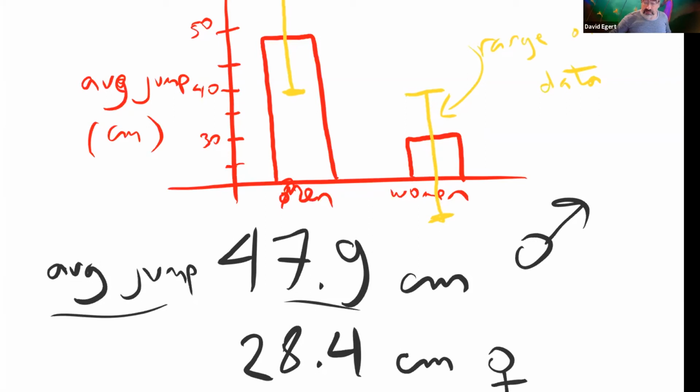That doesn't mean that any particular man is going to jump higher than any particular woman. There are women that jumped higher than the lowest guys, but on average, men jumped higher than women.